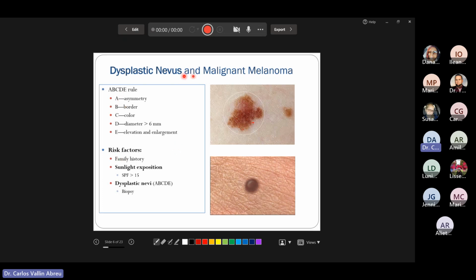Remember that the relation between skin cancer and sunlight is very tight. So we need to recommend that people with fair skin or with a family history of malignant melanoma or skin cancer protect their exposed skin with a sun protection factor of more than 15, preferably 30, and avoid the sunlight between 9 a.m. and 4 p.m., when it is very intense.